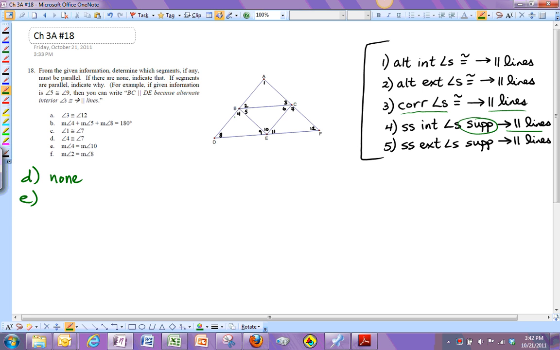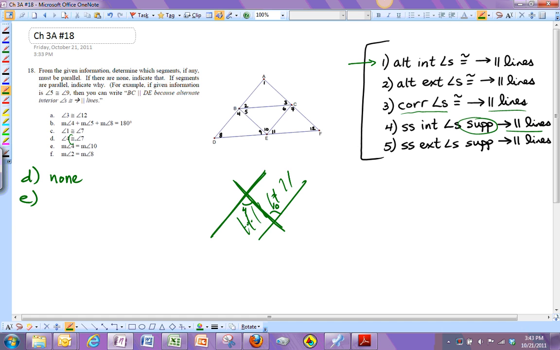For E, I've got angle 4 here and angle 10 here. Let's trace out those two angles. Here's 4, and here's 10 using the same line and this one. Here's 4, and here's 10. Well, they form that Z shape. They're on opposite sides, so alternate sides of the transversal, and they're on the interior. So they're alternate interior angles.